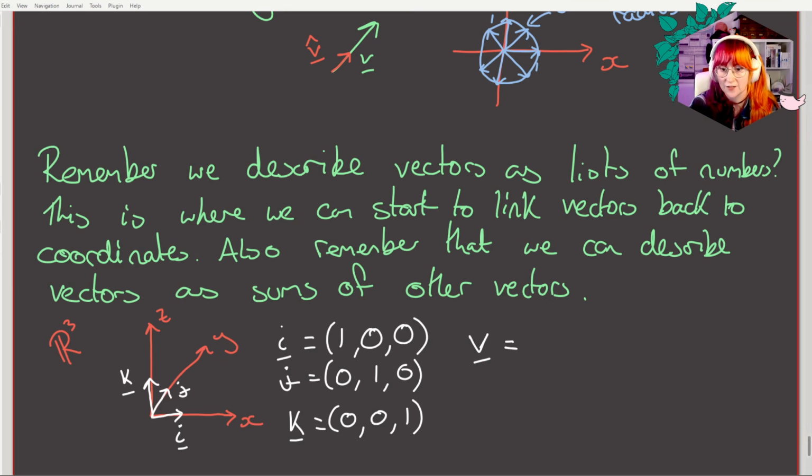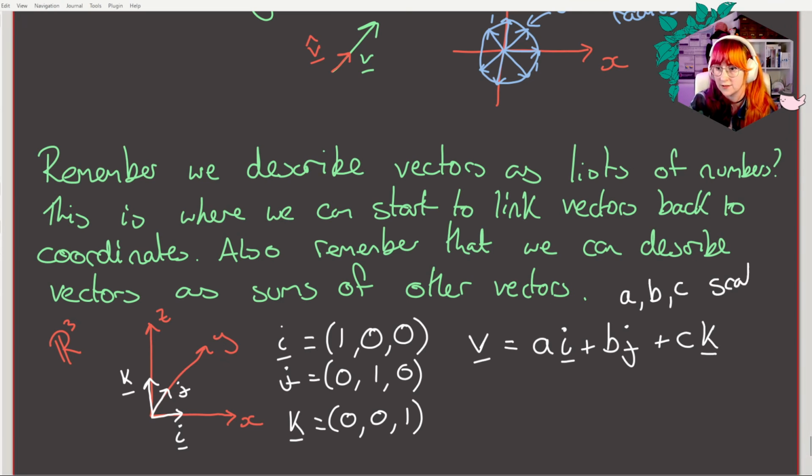And I can then define v as ai plus bj plus ck, where a, b, and c are scalars, and i, j, k are my unit vectors. And then this gives v as (a, b, c).